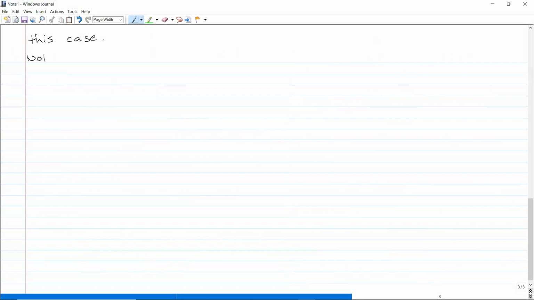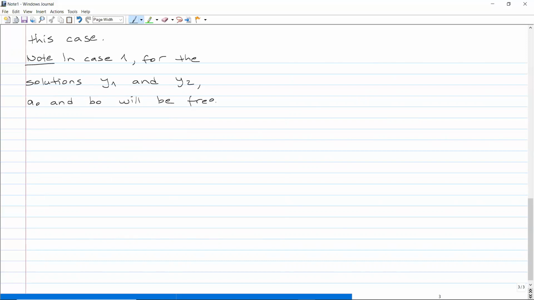Just as a note, in case 1, for the solutions y1 and y2, a0 and b0 will be free. So we can write the general solution as a0 times y1 plus b0 times y2.